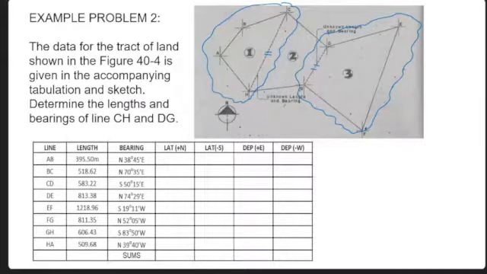So, basically you have to compute all the latitude and departure para malaman nyo if the sum of north plus south is equals to 0 and also the sum of east and west is equals to 0 as well.